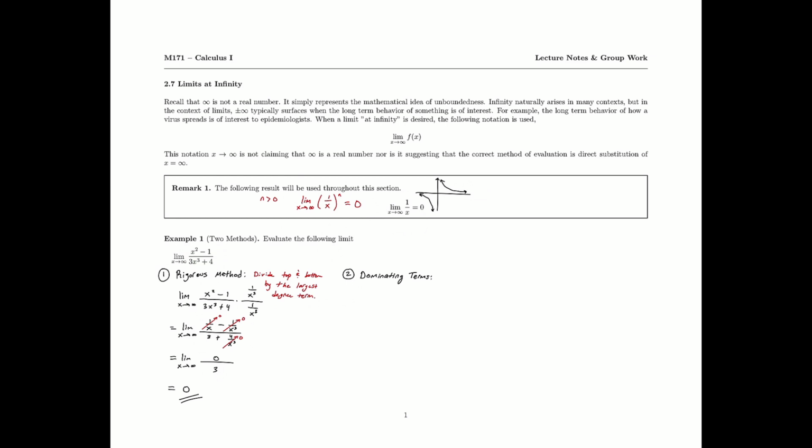So let's first go ahead and identify that. The first step here is we're going to pick off or identify the largest degree terms in top and bottom of the fraction.